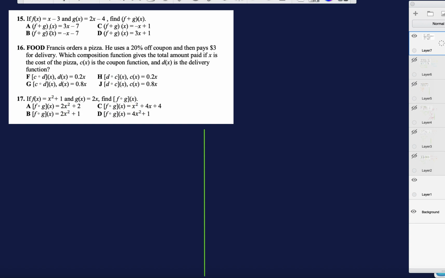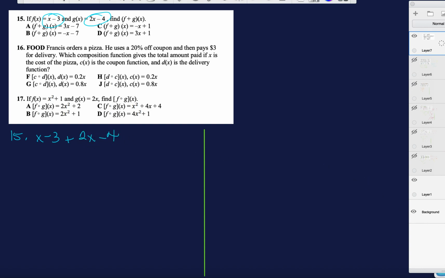Okay, here we go. This is just addition. 15 is addition. 15 just says add this to this. Okay? 15 means add the f function to the g function. So x minus 3 plus 2x minus 4.